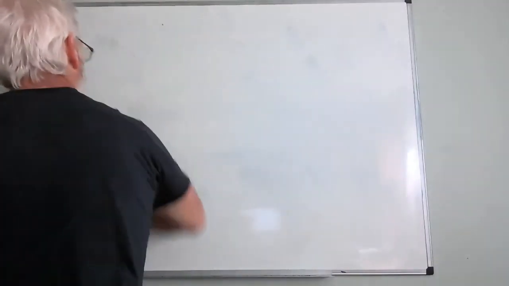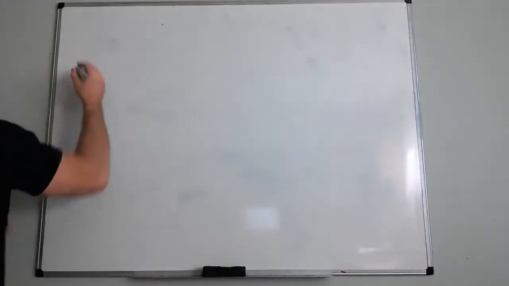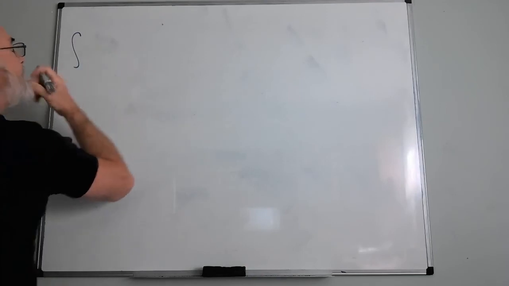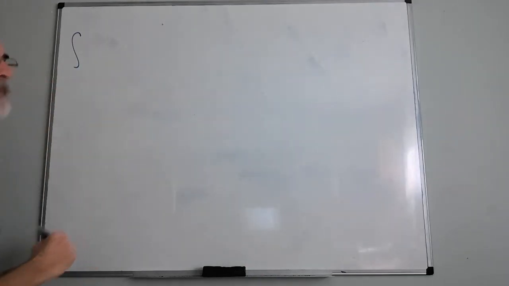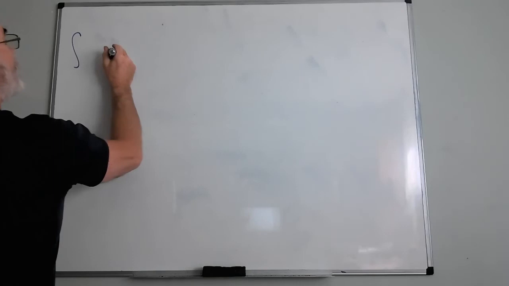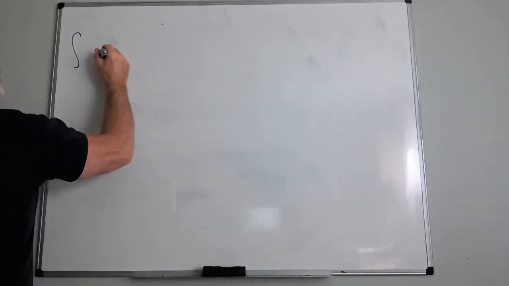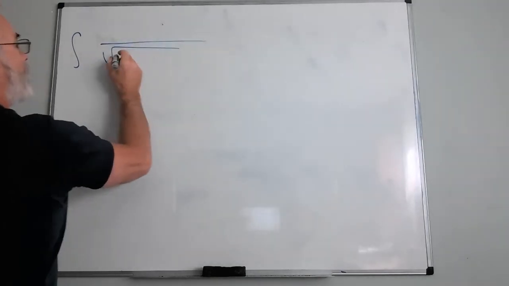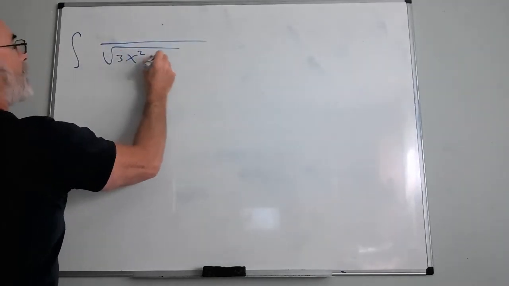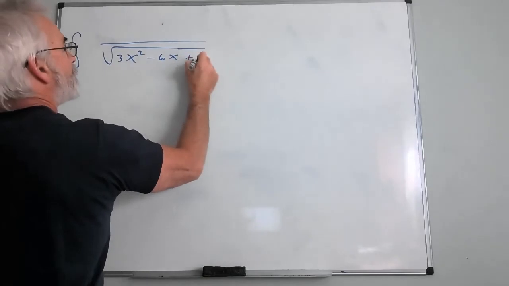All right, let's do a what if. So now I got the limit, and let's say I want to make this one a little bit more diabolical, shall we? So maybe we've got, how about the square root of 3x squared minus 6x plus 5.